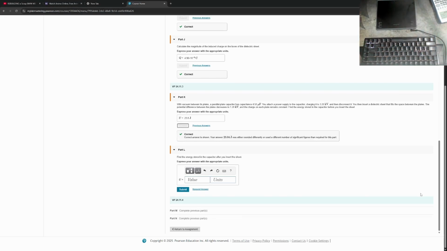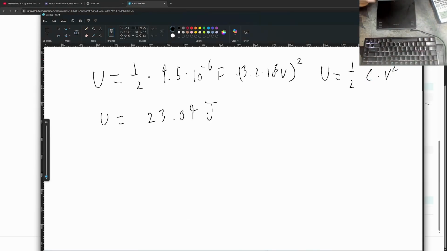That's correct. Then it asks us to find the energy stored in the capacitor after you insert the sheet. We can do this by using our formula for the dielectric constant. We have the charge equal to capacitance times voltage, and then our original capacitance formula, where the new capacitance is the dielectric constant times the original capacitance.